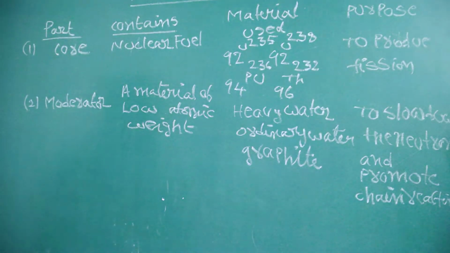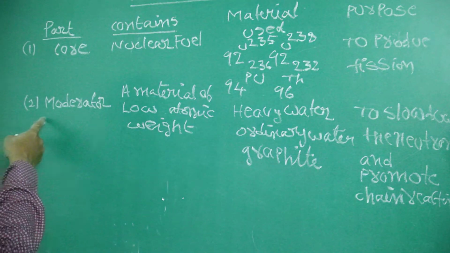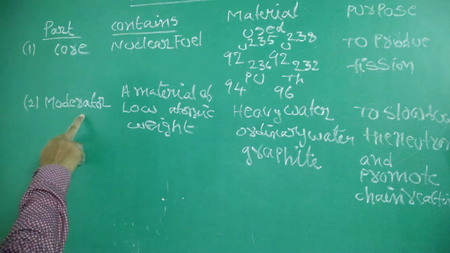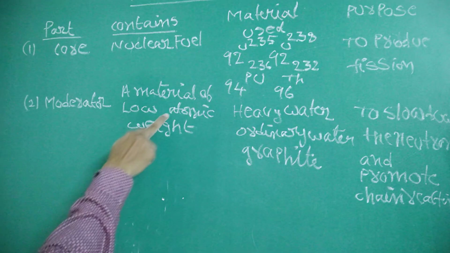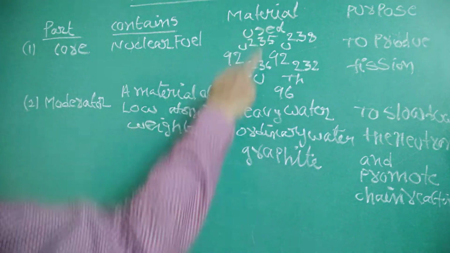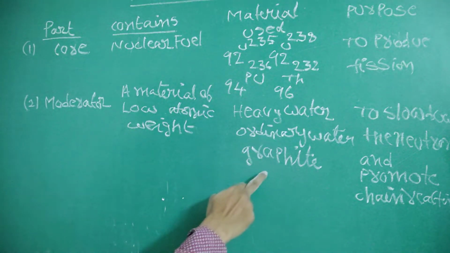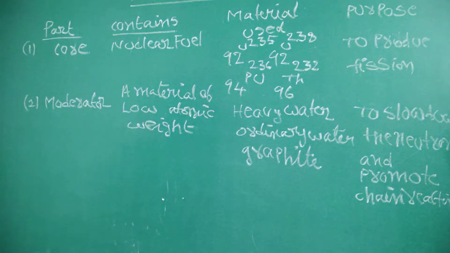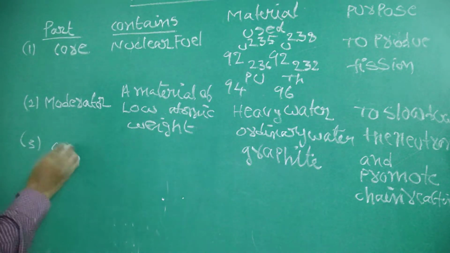That is the significance of the second important block present in the nuclear reactor. Moderator: the material used here has low atomic weight, such as heavy water, ordinary water, or graphite, any one, to slow down the neutrons and to promote chain reaction. Now the third block is nothing but the control system.